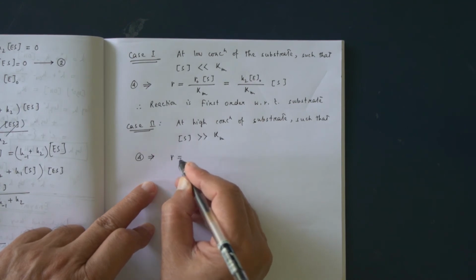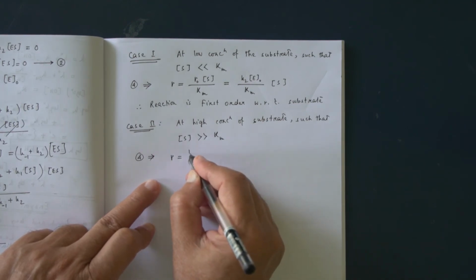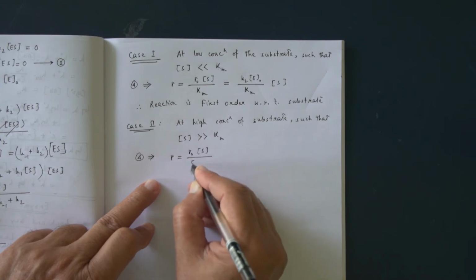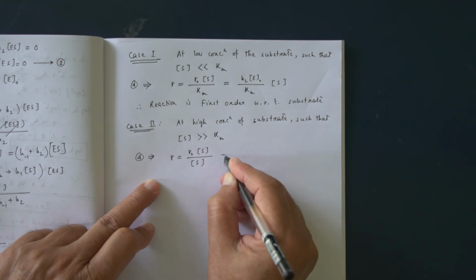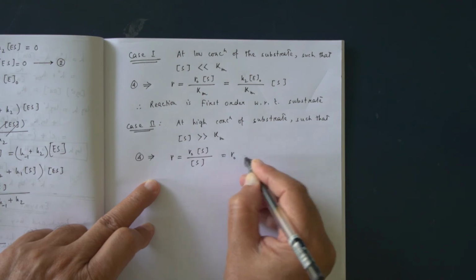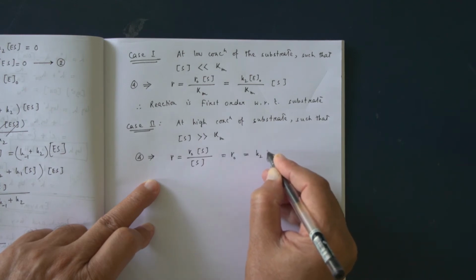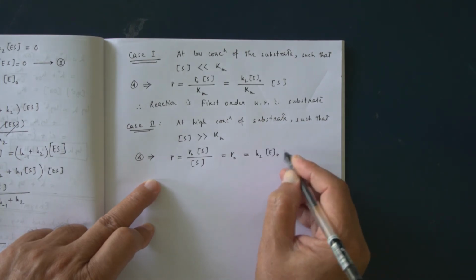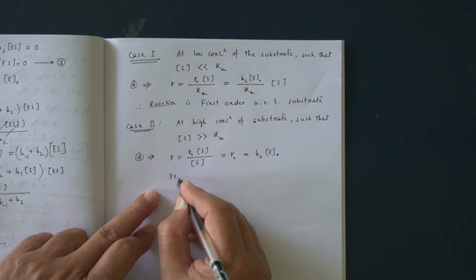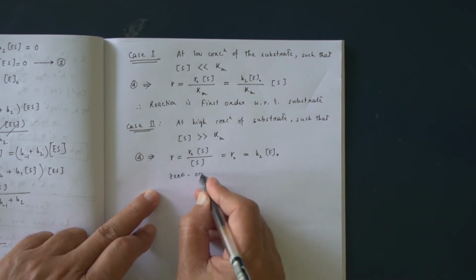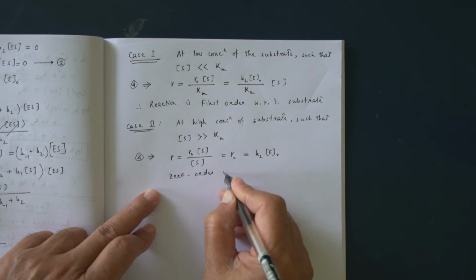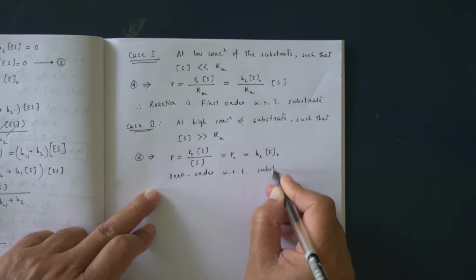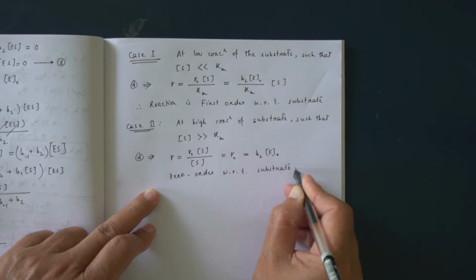R equal to R naught S divided by S, that means this is equal to R naught, which is K2 E naught. That means this reaction is zero order with respect to substrate.